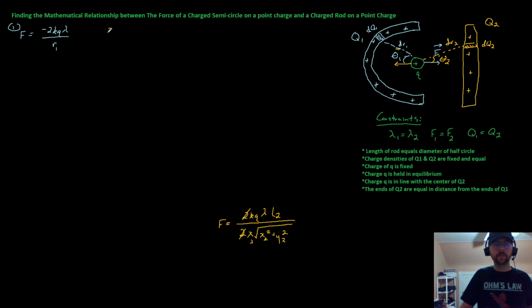Number 2 is going to be F equals kQ lambda L sub 2 over x sub 2 square root of x sub 2 squared plus y sub 2 squared.